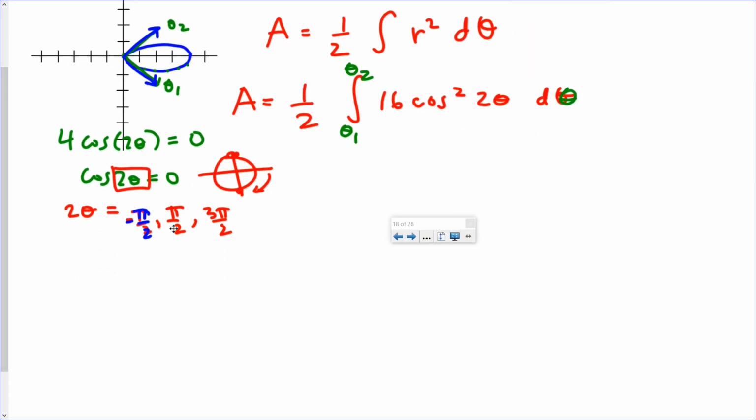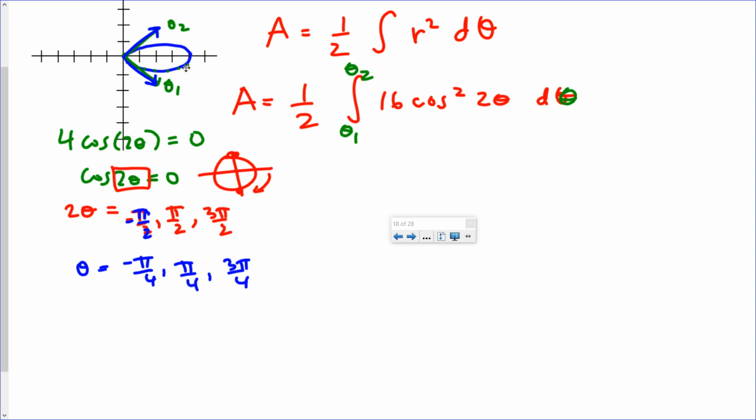Now be careful, this is not what my theta is equal to. This is what 2 theta is equal to. So I need to go through and divide every single one by 2 to figure out what my theta is equal to. Okay, so these are all my possible thetas, all right? Look at my picture. This is where my smarts come in. Which 2 thetas am I going to pick? Where one is in the fourth quadrant and one is in the first quadrant.